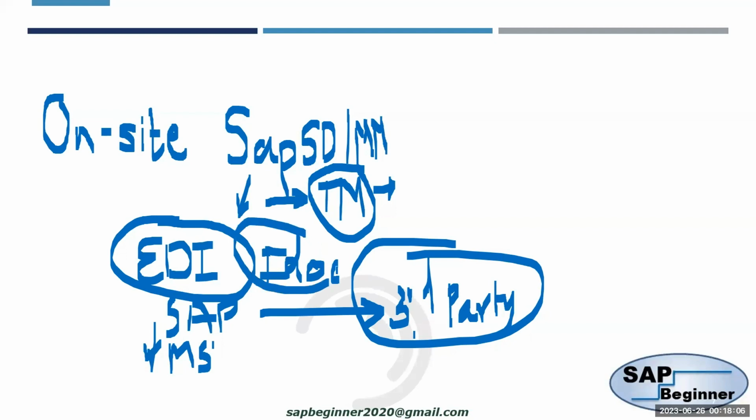Even having this knowledge is an addition to your resume, and it gives exposure for on-site opportunities, because you are directly connected with third-party suppliers, with your warehouse users, and with your warehouse operational leaders.